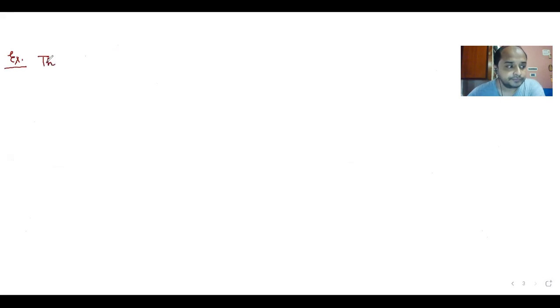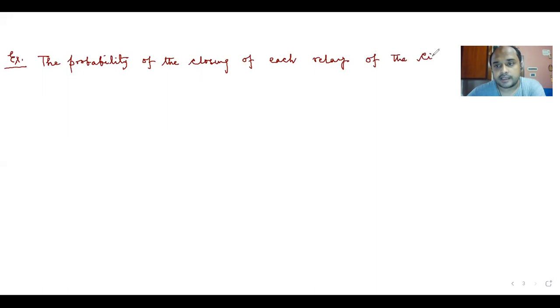I'm writing the question. The probability of the closing of each relay of the circuit shown below is given by small p.